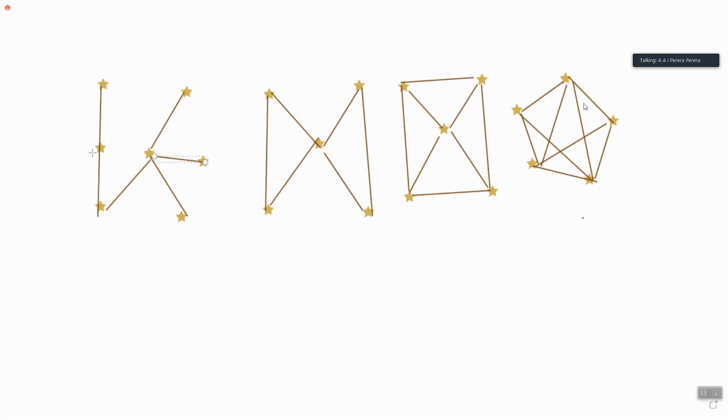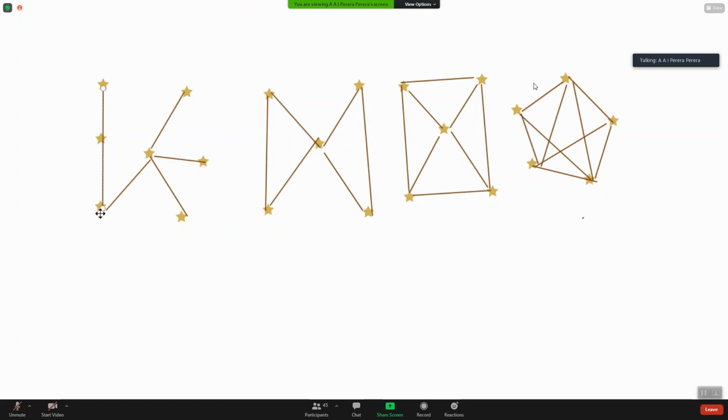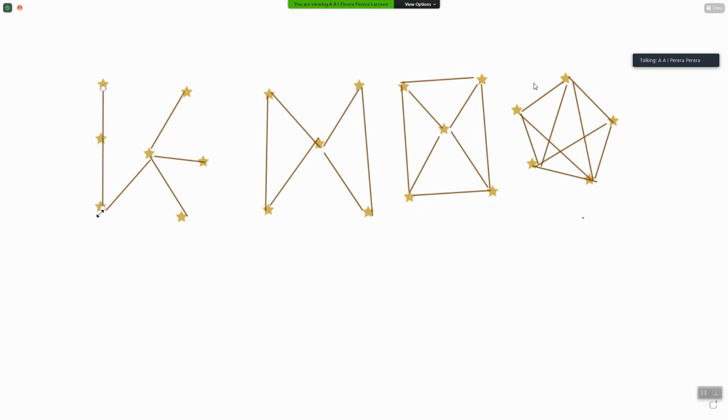When you remove a vertex, you have to remove all the edges adjacent to that vertex. Say if I remove this vertex, removing this vertex means you remove all the edges adjacent to that vertex.